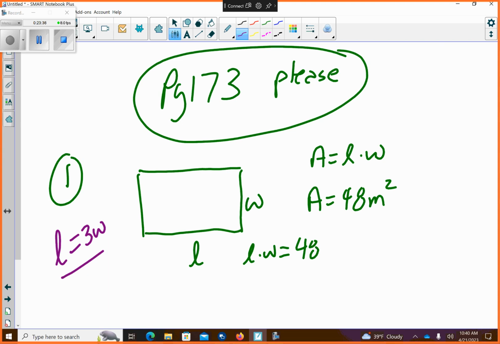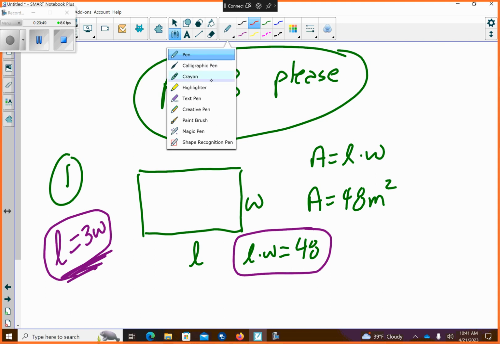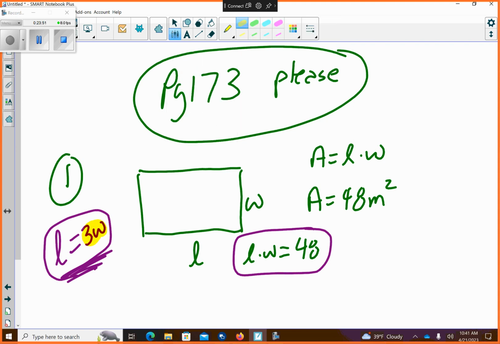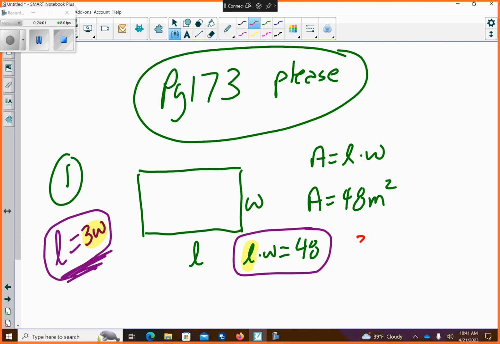Okay, so I was able to create another little equation here. Notice I have this equation here, and I have this equation too. Would you feel comfortable if I were to take 3W and plug it in here for L? Could I do that? Which means 3W times W equals 48.